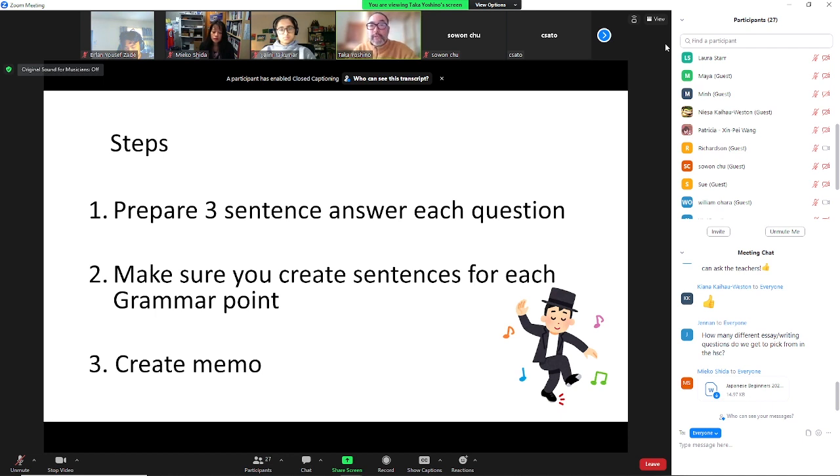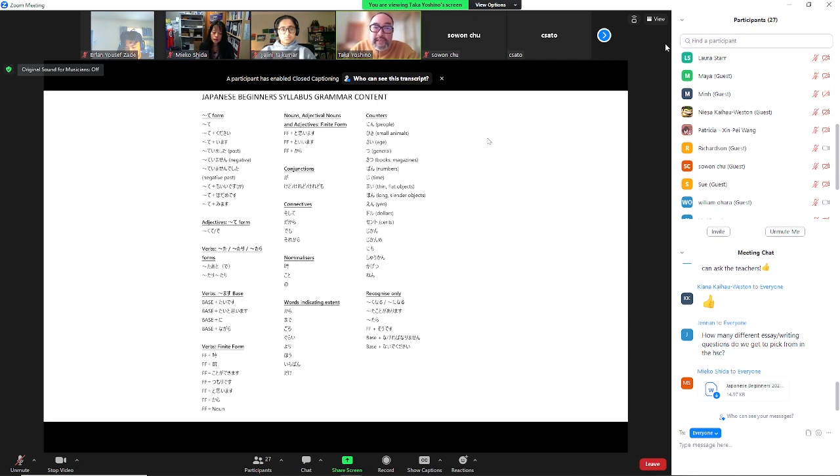So you don't want to carry the big pile of notebook everywhere to go to the doctor appointment or to meet your friends. So create a little memo like a palm card when you do the presentation and write down important things so you can carry them everywhere. This is the list of syllabus grammar content.